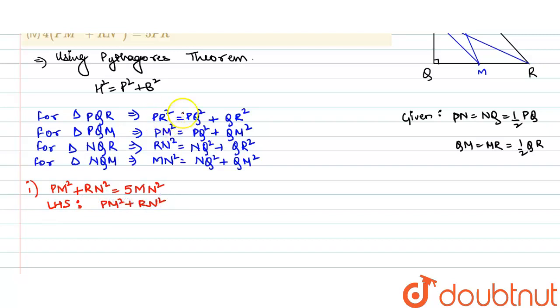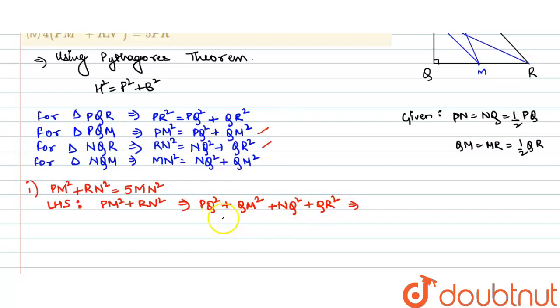Now from here I will take the values of PM square and RN square. PM square will become PQ square plus QM square, and RN square from here comes out to be NQ square plus QR square.